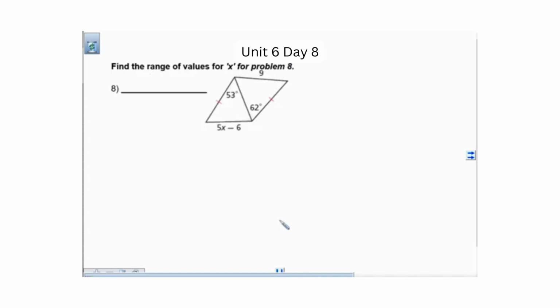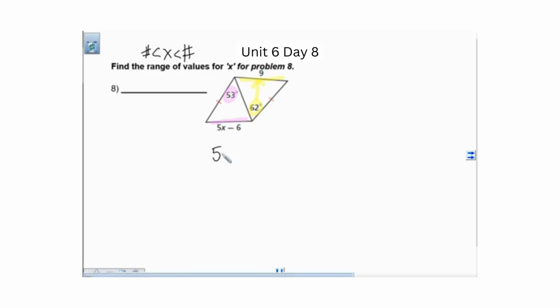And our last one, again, we want a range of possible values. So again, that's a number is less than your variable, which is less than your highest number. We have 53 across from 5x minus 6, and 62 across from 9. 62 is the larger angle, which means 9 is the larger side.